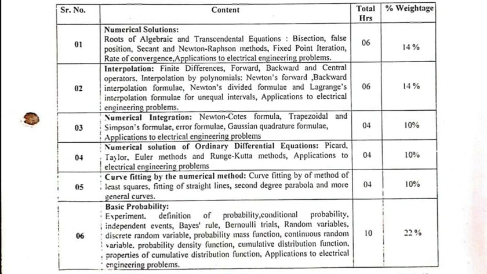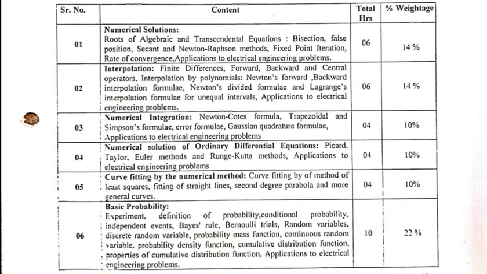Our fourth unit is numerical solution of ordinary differential equations, in which we learn Picard, Taylor, Euler's method, and Runge-Kutta methods of second, third, and fourth order. Fifth unit, curve fitting by the numerical method.